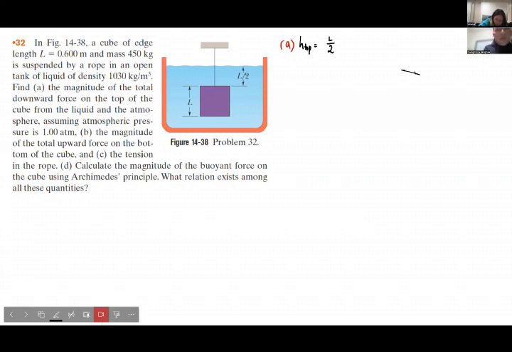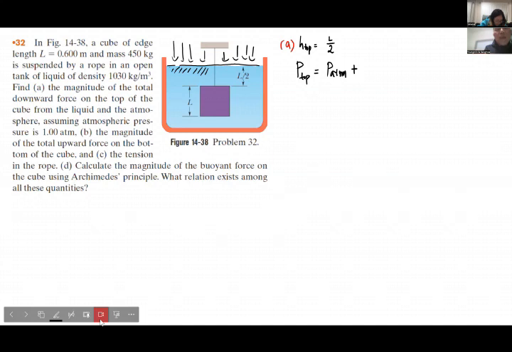And the pressure on top of this cube should include atmospheric pressure, because the air itself also provides pressure on the surface of the water. So the water itself is also under pressure.